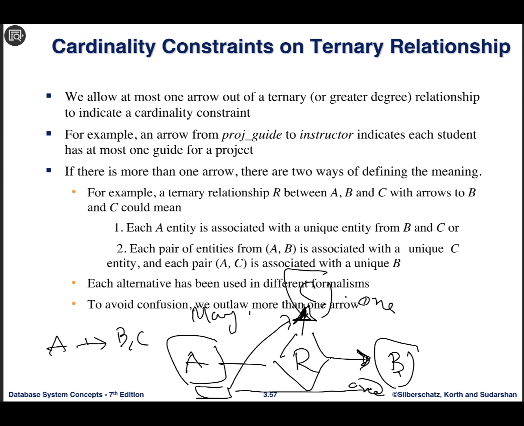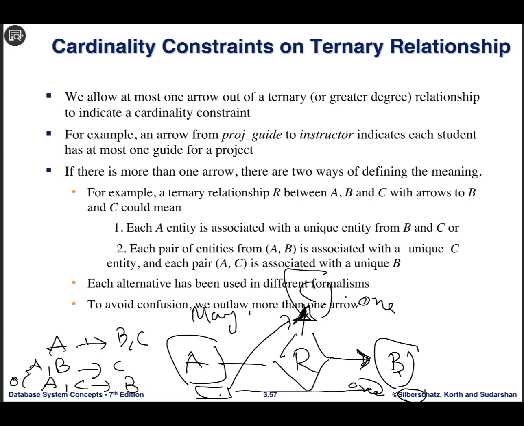The other interpretation: each pair of entities from A and B can be associated with a unique C. Or each A and C is going to be uniquely associated with a unique instance from B. I cannot decide, because there are many ways to do that. So right now we have 3 different ways to interpret this one. Which one is correct?